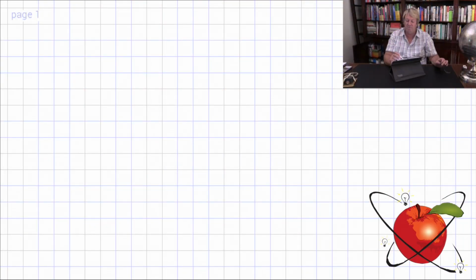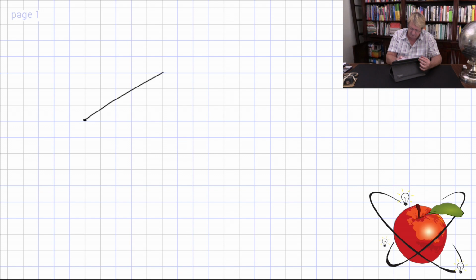Let's put that back to black pen, and now let's have a look at what we've got. Let us say, for example, we have a force acting in that direction, which is what we were looking at over here with this string. Let us say that that force, F, is going to be 100 newtons.